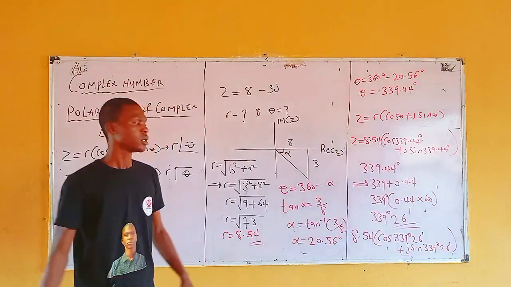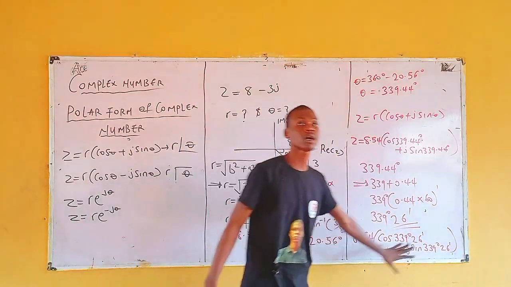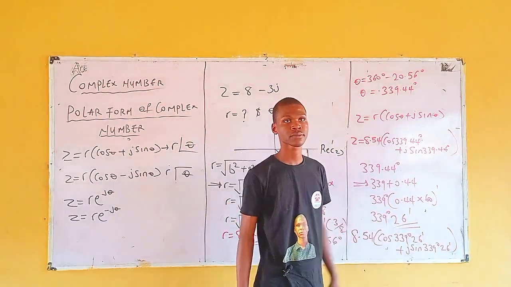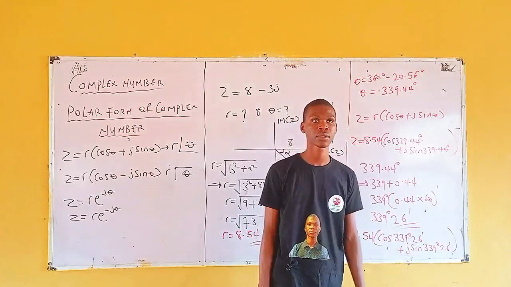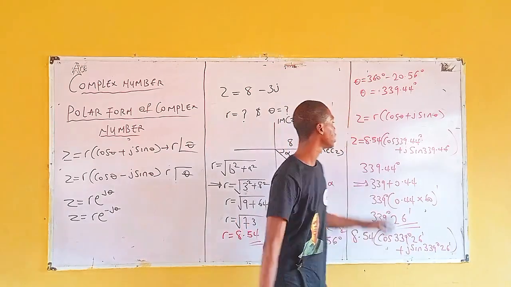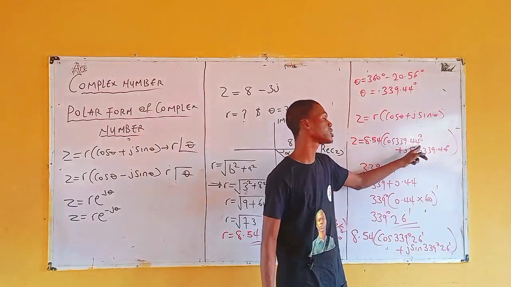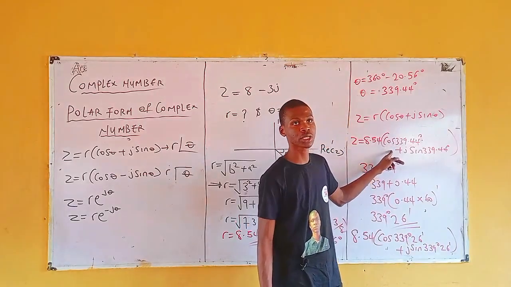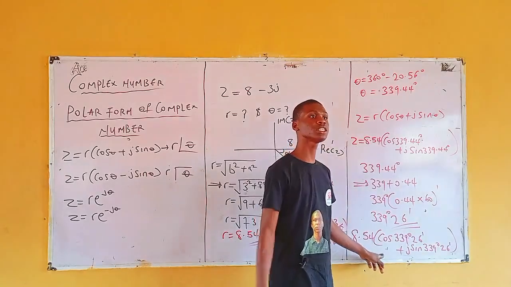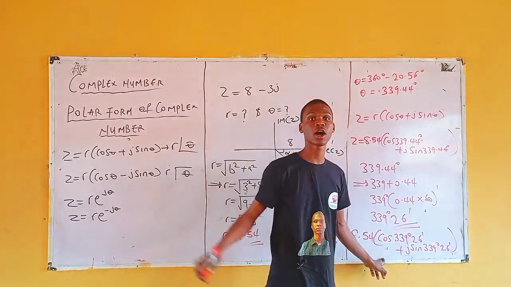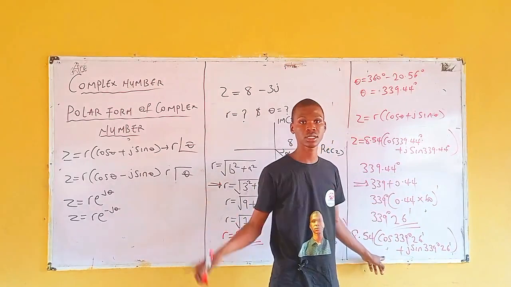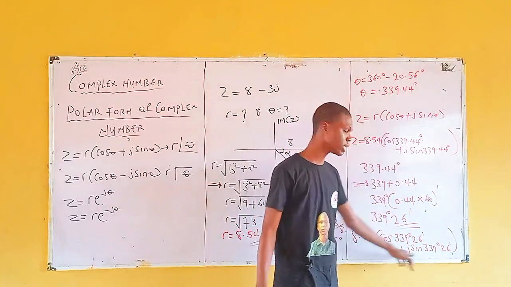This is your final answer. But if the question does not ask you to change it to minutes, you can leave it in degrees. Let's say when you solve, if this is your final answer and the angle in your options is in minutes, change it to minutes. Quickly solve, you will get this.